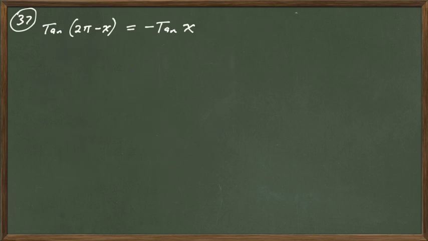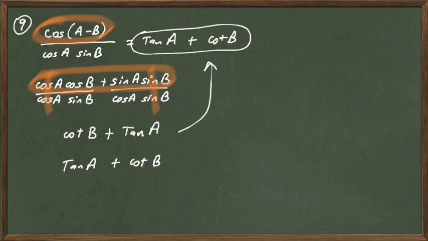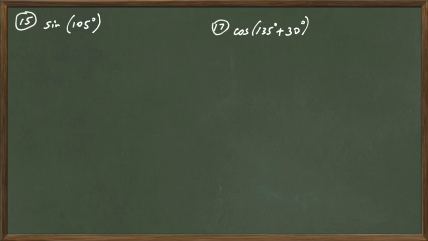Okay, in addition to 11, I think I was also asked numbers 15 and 17. For 15, I'm going to break it apart into two numbers that add to 105 degrees or subtract to 105 degrees, but I need reference angles that are within the trig values. 60 and 45, is that okay to use those?